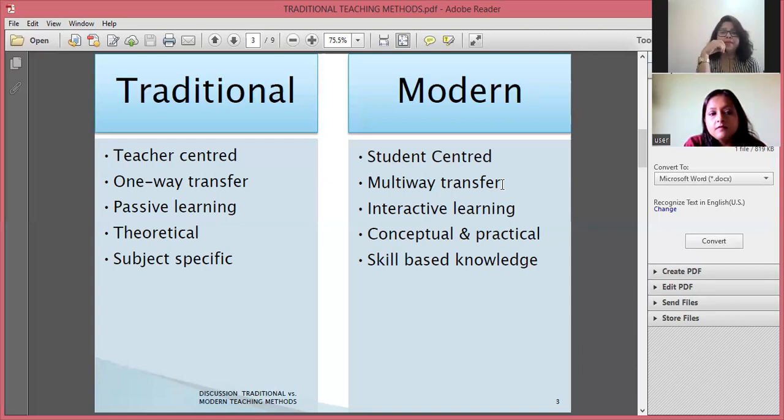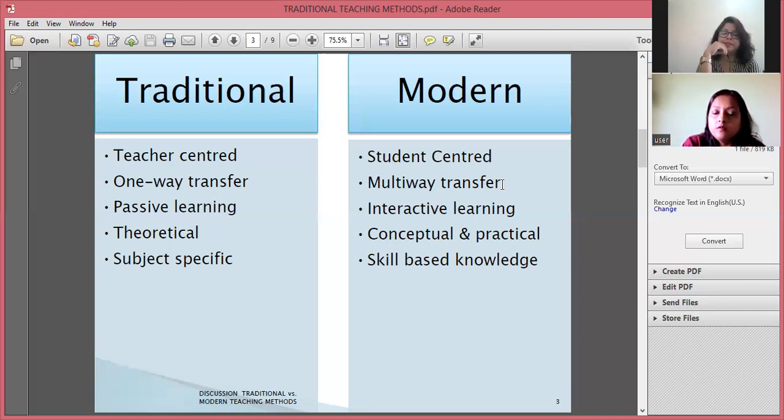Okay. Next one, the traditional method is passive learning, and the modern method is interactive learning. Because in the traditional method, the teacher does something, but the student does nothing. The student goes home and learns something, self-learning. This is passive learning.